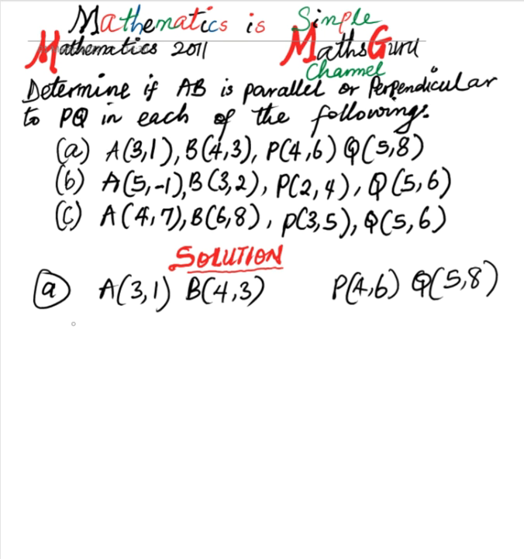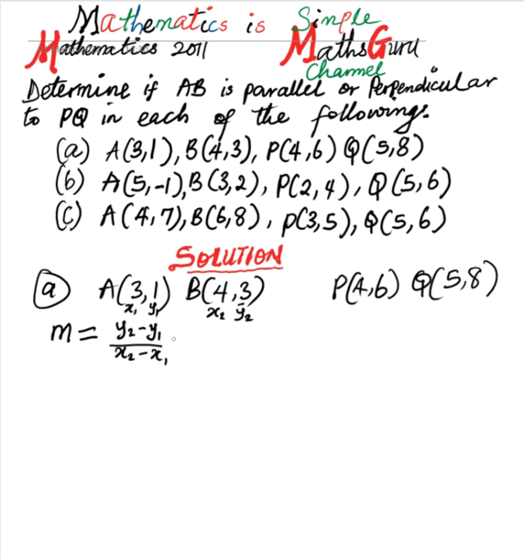So the slope of AB will be equal to y2 minus y1 over x2 minus x1.